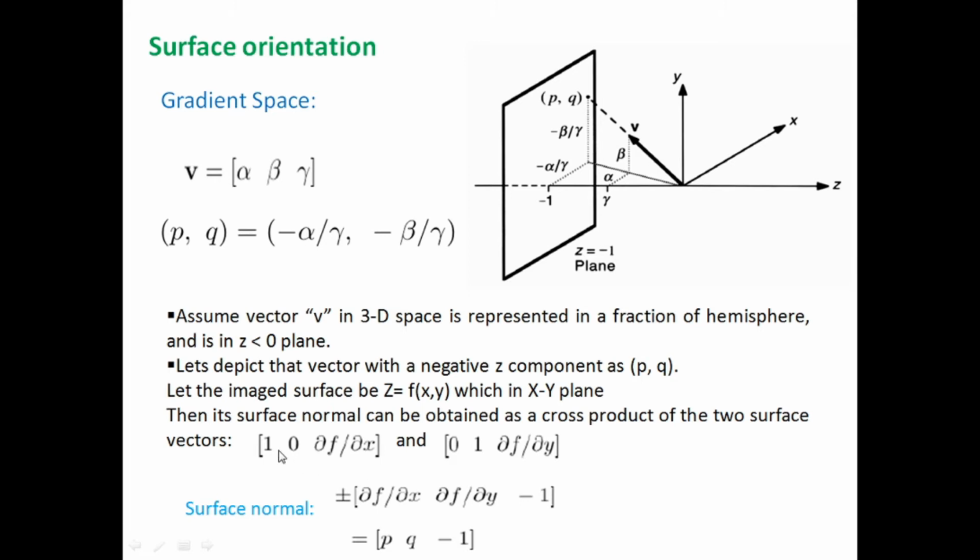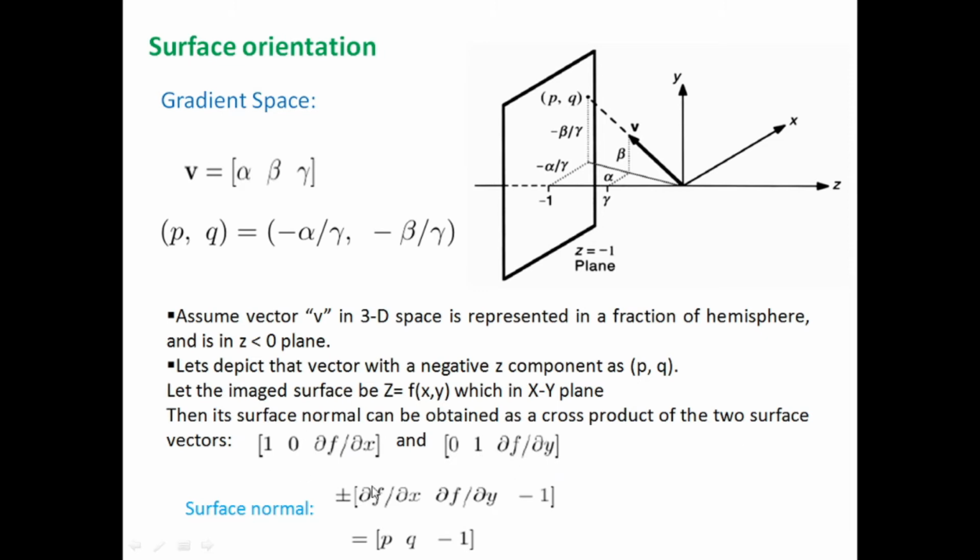Then its surface normal can be obtained as a cross product. Because it is in the xy plane, this V is perpendicular to the x coordinate and the y coordinate. So I can now tell you that it will be a normal component. How I am going to obtain it is just by doing the cross product of the two surface vectors. What are the two surface vectors here? They are 1, 0, dou f by dou x and 0, 1, dou f by dou y.